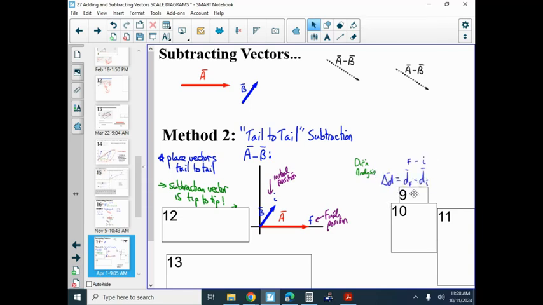So your direction analysis of this would be you'd go from your initial to your final position. The only thing I didn't like about tail to tail was I had trouble remembering which way it goes. But if you label it as initial and final position, clearly the direction is from initial to final.